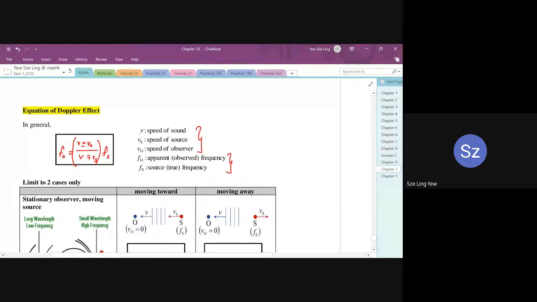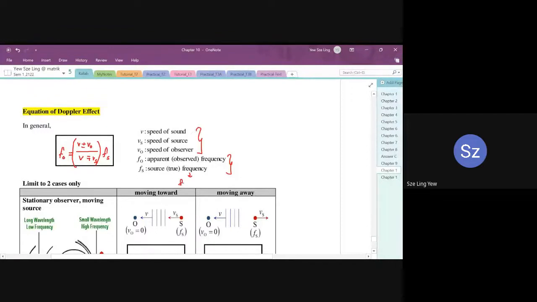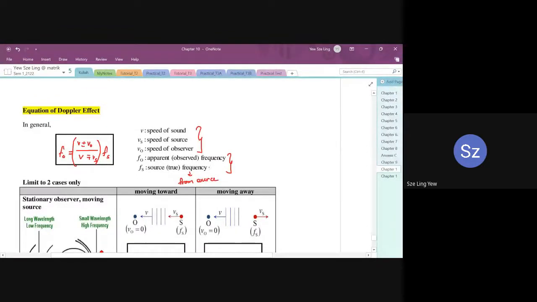So v without subscript is the speed of sound, which is a constant value. v_s is the speed of the source if it is moving. v_o is the speed of the observer. f_o is the observed frequency, the frequency received by the observer. And f_s is the true frequency, the frequency generated by the source, most probably a siren.